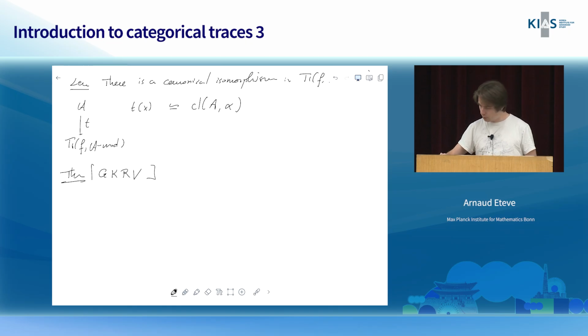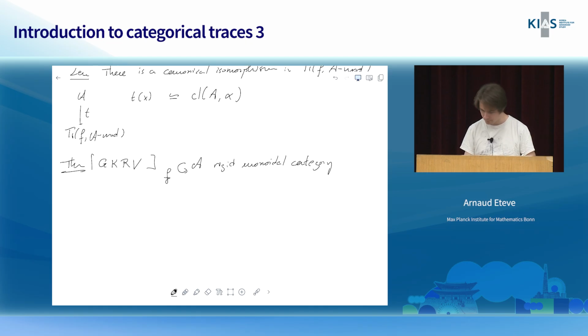So it says the following. So again, A is rigid, a category with an endomorphism f.